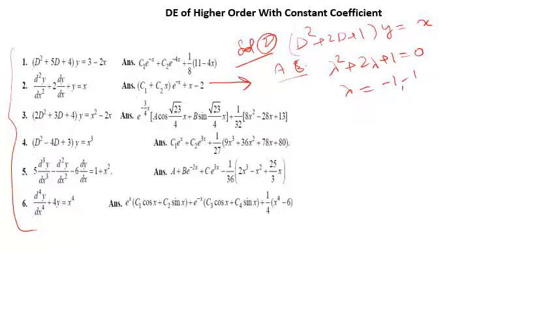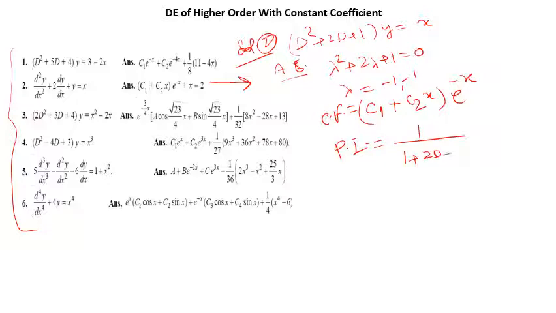And the solution is given by (c1 plus c2 x) e to the power minus x, that is CF. What is PI? PI is equal to 1 upon 1 plus 2d plus d square into x. Take the inverse of this: 1 plus 2d plus d square whole inverse on x.